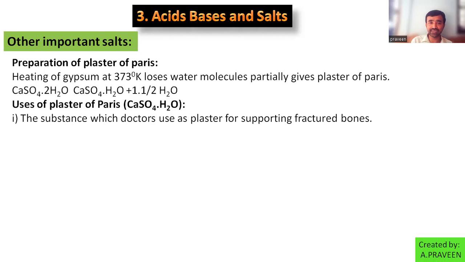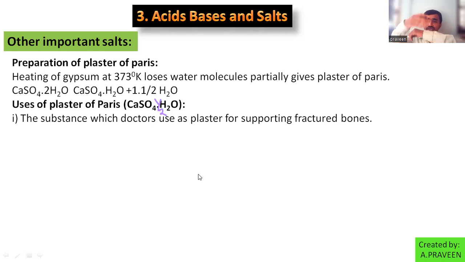When you add water and dry it, again you get a hard substance that we call gypsum. Both we use in our daily life. Plaster of Paris is used in plastering fractured bones for support, right?